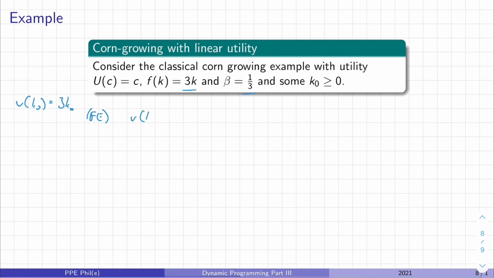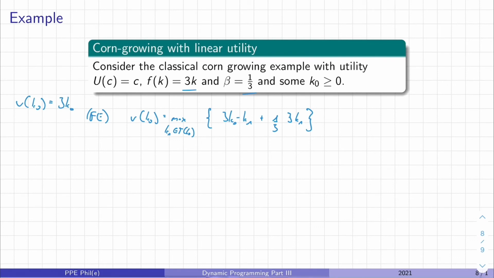So we have that for k naught, this is equal to the maximum over k1 feasible from k naught. And this is linear, so we have 3k naught minus k1 plus 1/3 times our guess, which is 3k1.